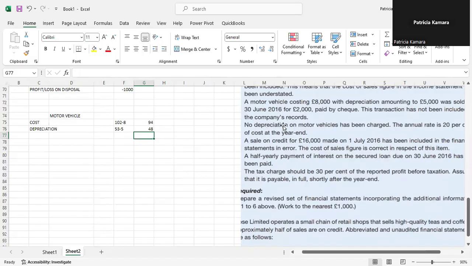So we were told that no depreciation on motor vehicle has been charged. The annual rate is 20% on the cost of the assets at the end of the year. So now, for the current year, we have not charged depreciation, okay? And then the current depreciation will be based on the remaining motor vehicle that we have.